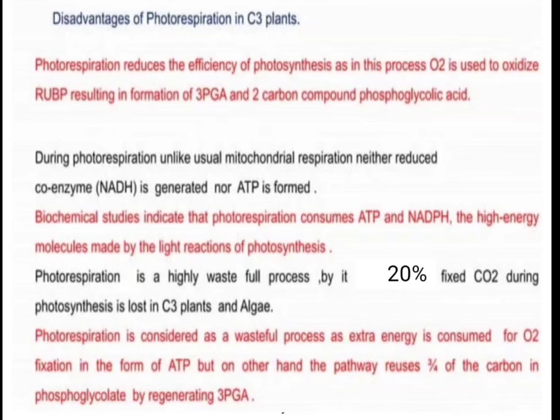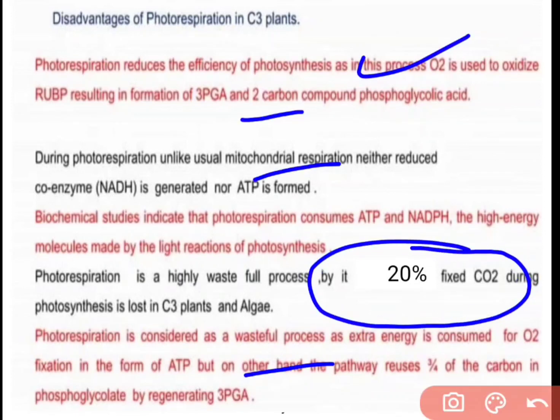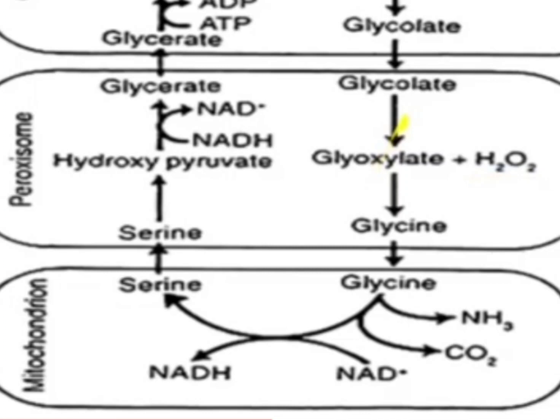As we have discussed in the C2 cycle in the photorespiration video, in this process the already fixed RuBP is broken down in the chloroplast, and finally 20% of the carbon dioxide is lost. When this cycle reaches the mitochondria phase, 20% of the carbon dioxide is lost when two molecules of glycine combine to form serine.